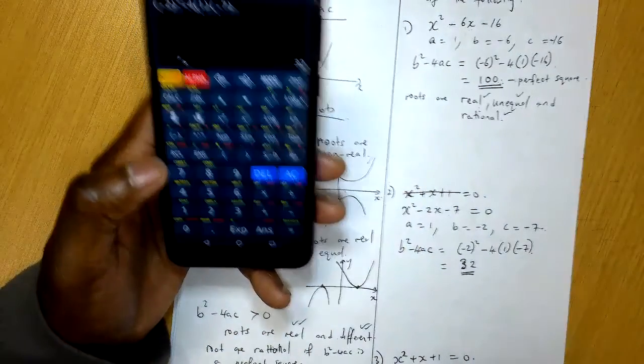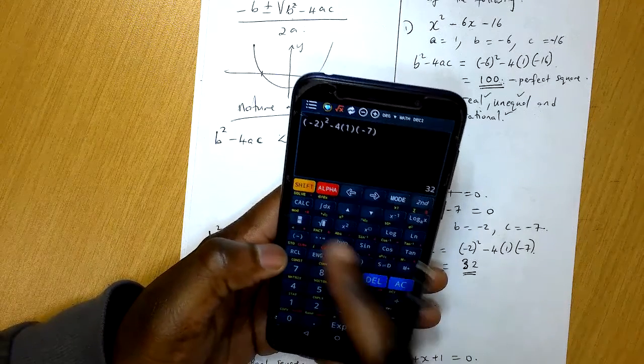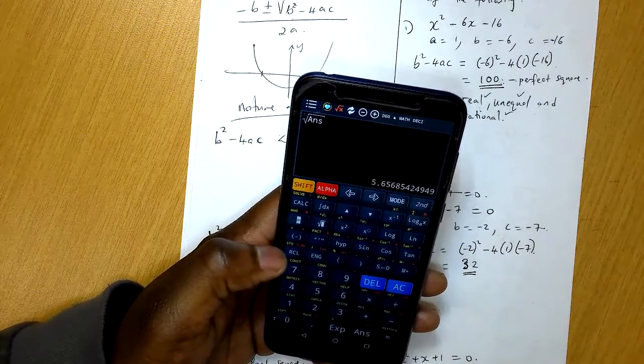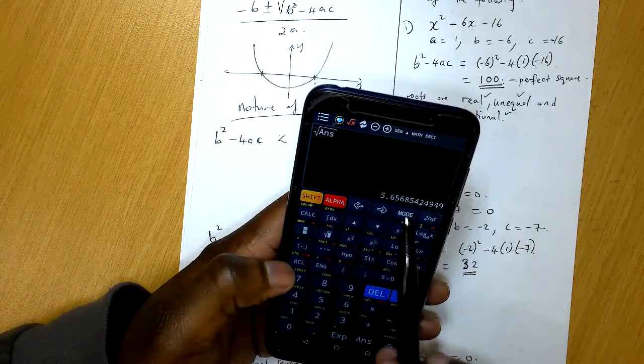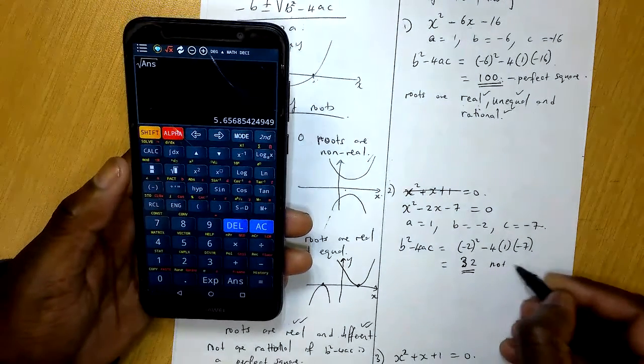Now if you take the root of our answer, you get 5 point something. You see this one is not a perfect square.